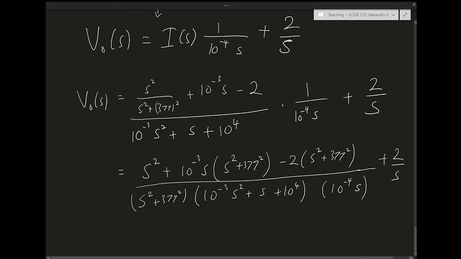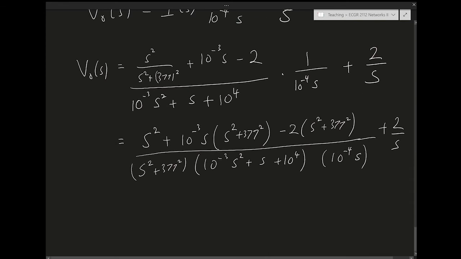So notice it's kind of a little bit hairy, but we can do it. That's fine. So it's going to be VOS equals. Let's see what we can do with the numerator. What we can do is expand everything and then collect the polynomial. So we have s squared plus 10 to the minus 3 s cubed.